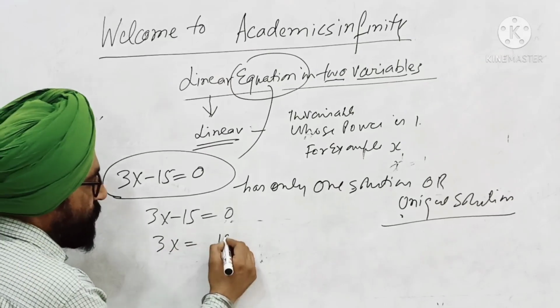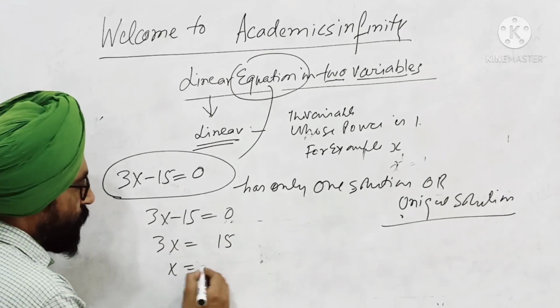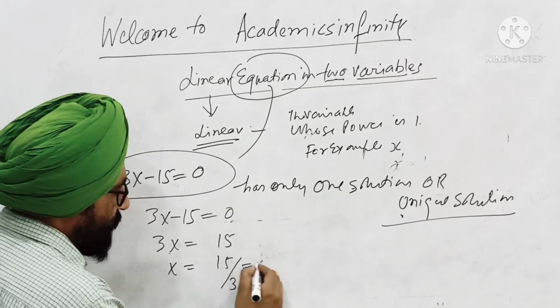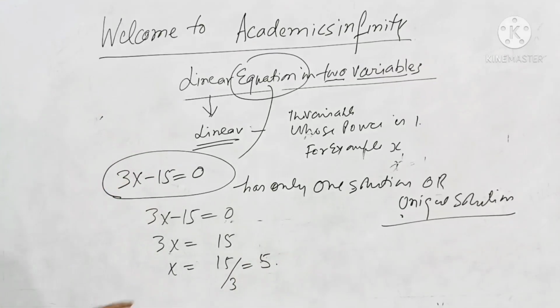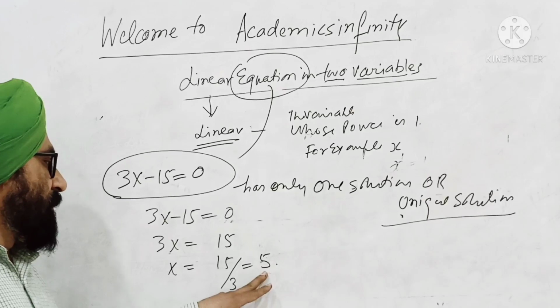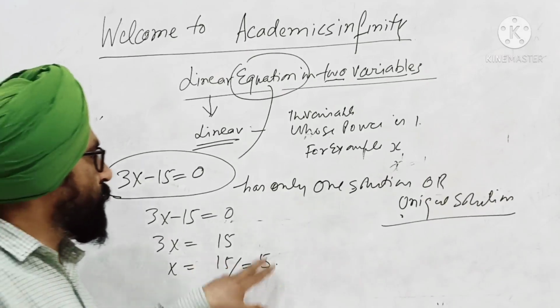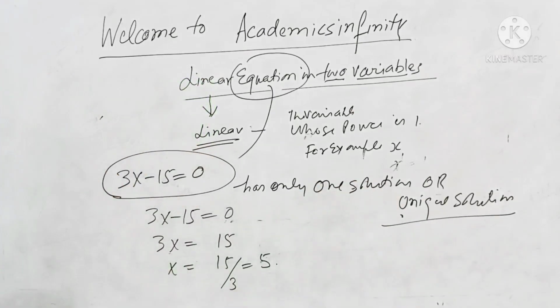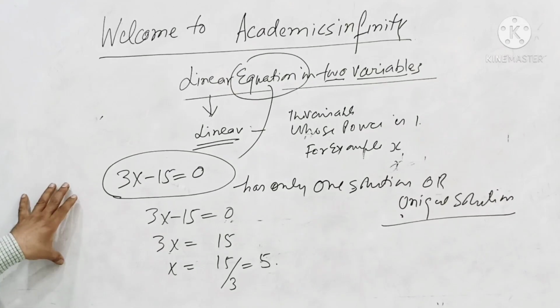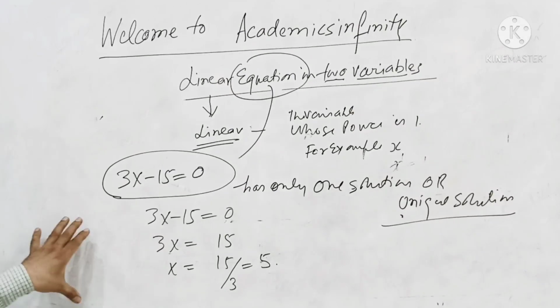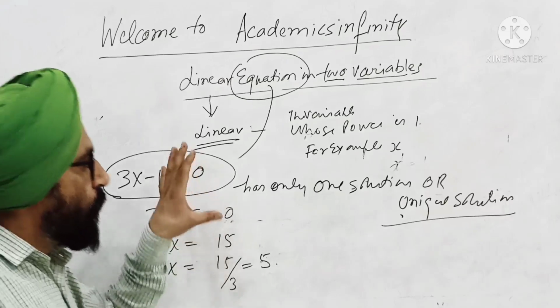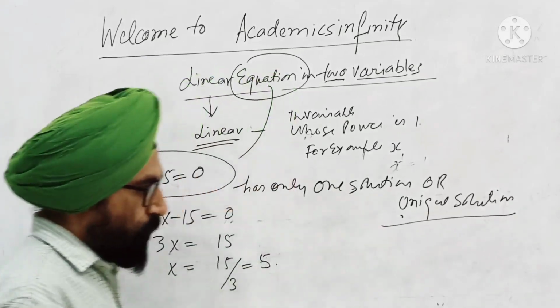Here 3x - 15 = 0. 3x = 15. x = 15/3. That is 5. Here x = 5. It has a unique solution, only one solution. So it is clear that a linear equation in one variable has only one solution, or the unique solution.